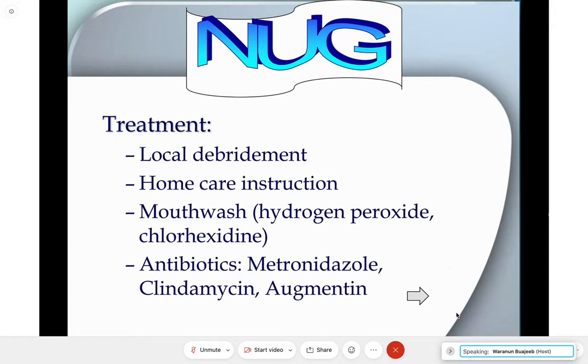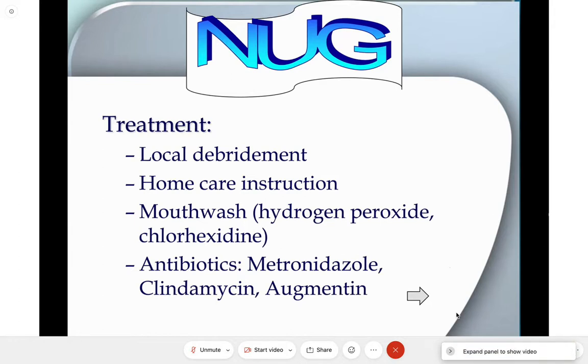So try to be as gentle as possible and give home care instruction: use a soft toothbrush and give a mouthwash, chlorhexidine 0.12% or 1% hydrogen peroxide. Prescribe antibiotics, metronidazole, clindamycin, or augmentin, and ask the patient to come back after 2 weeks.